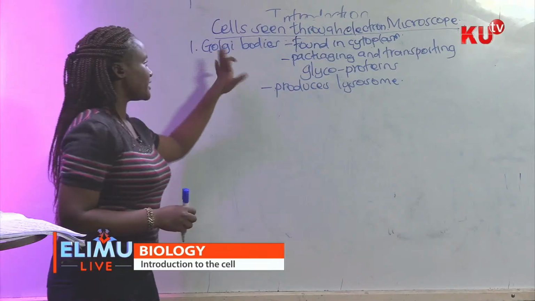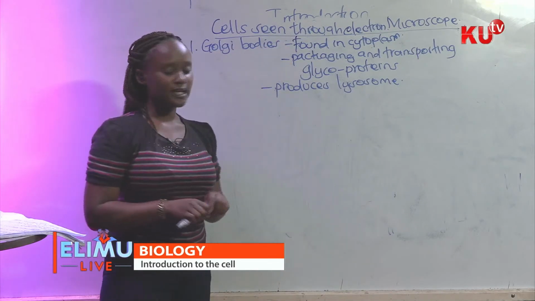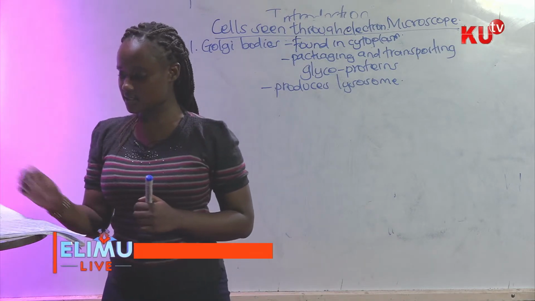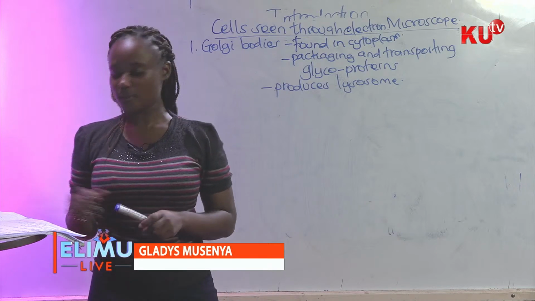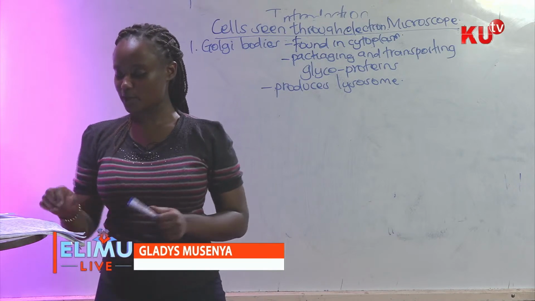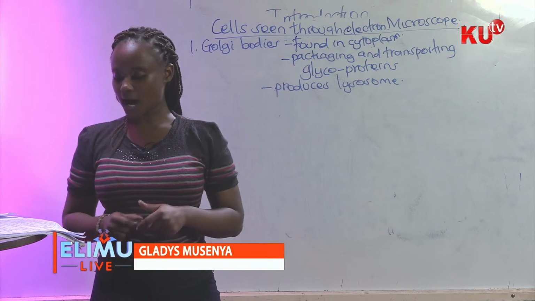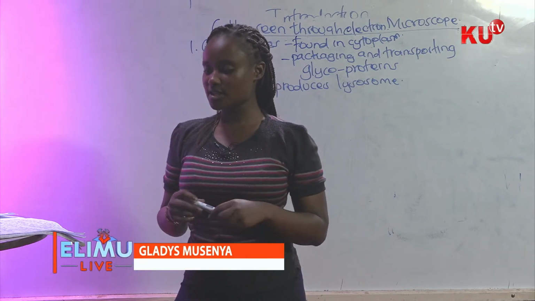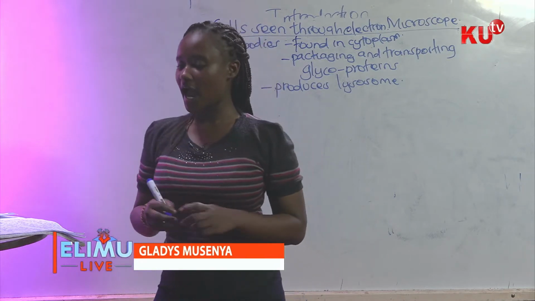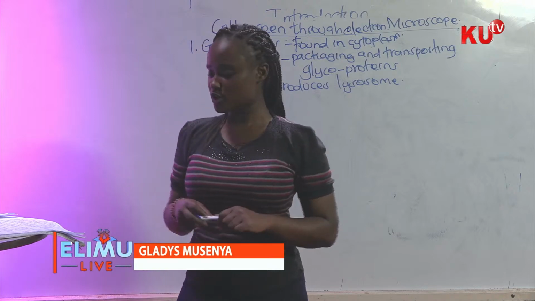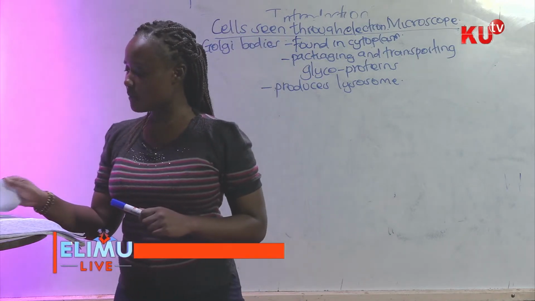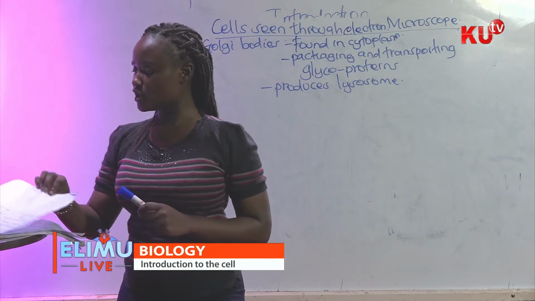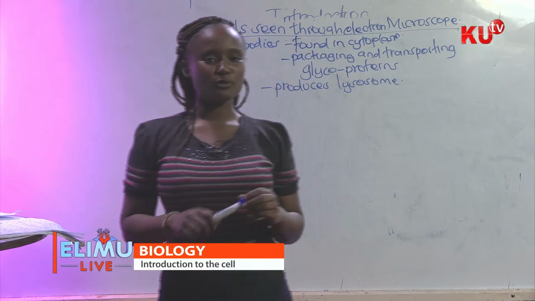So this has been the cells through the electron microscope. We have talked about the cells through the light microscope, the care of the microscope, the parts of the microscope, the drawing, the introduction to the cell, the differences between the light microscope and the electron microscope, and the terminologies.